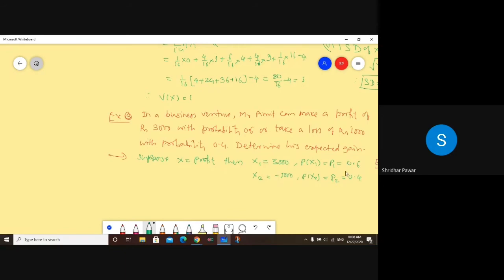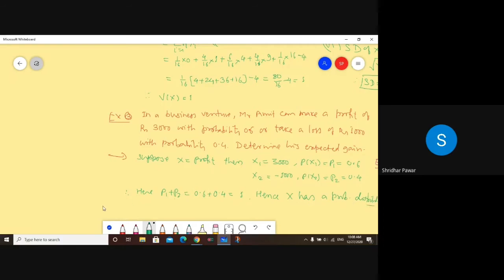Now see, sum of these two probabilities, या दोघांचे बेरीज एक येतं की नाही? So this is a probability distribution. Okay, therefore P1 plus P2 is equal to 0.6 plus 0.4 is equal to 1. Hence, X has a probability distribution.